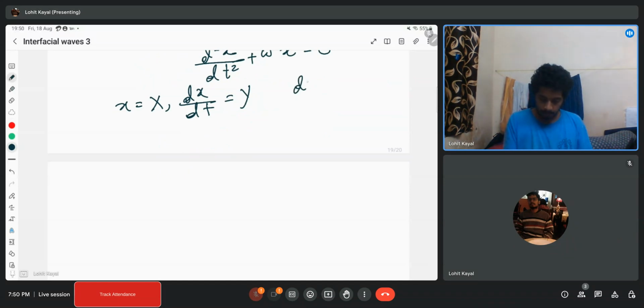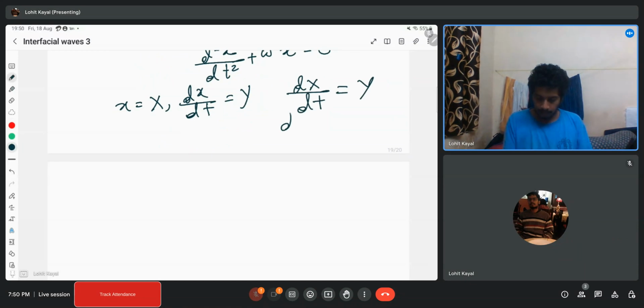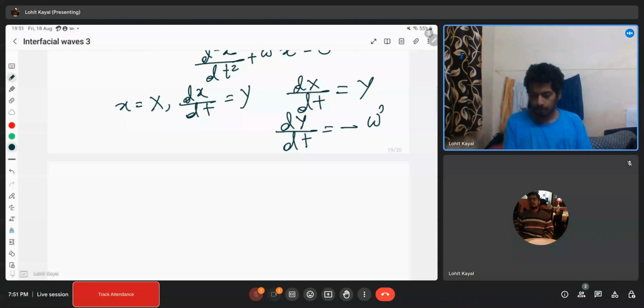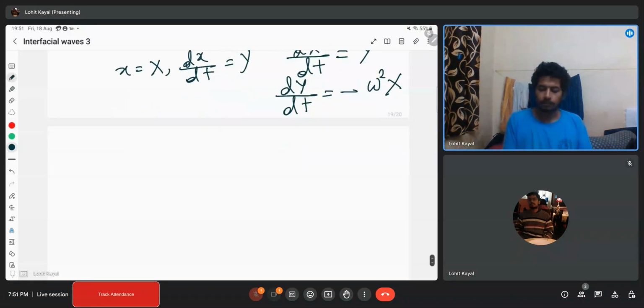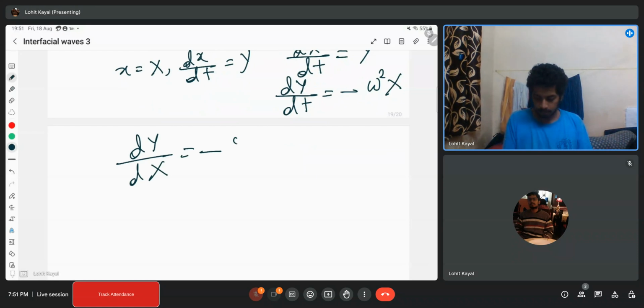So one equation will be dx dt equal to y, and dy dt equal to minus omega squared x. So if you divide, dy dx equal to minus omega square x by y.